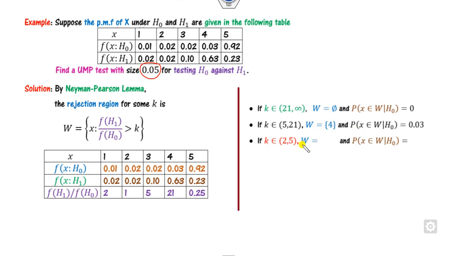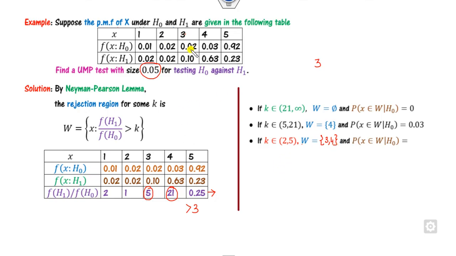We will look about here. Choose any number between 2 and 5, let's say 3. Look at the values in this row which are greater than 3. So this number, this number. There are two values, so we can consider {3, 4}. And we will check if it is 0.05, then we will stop. Otherwise we will take the next pair. What is {3, 4}?